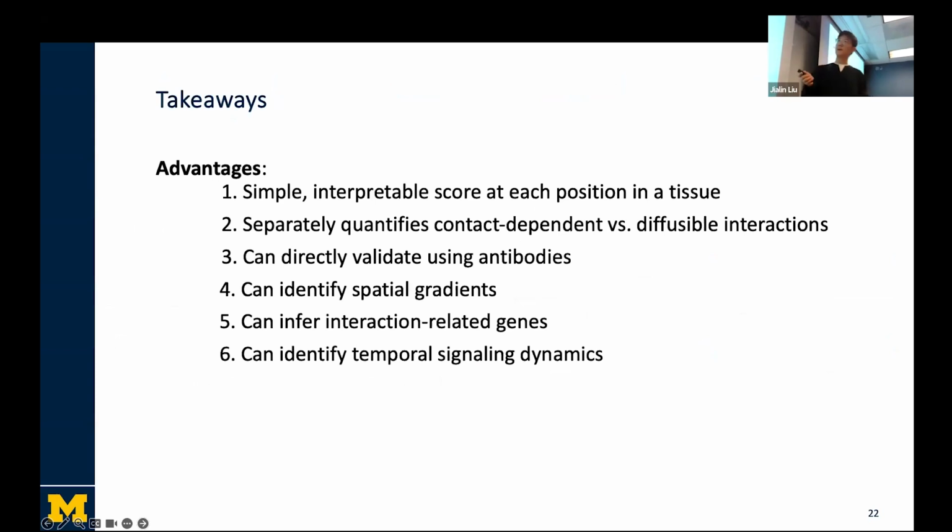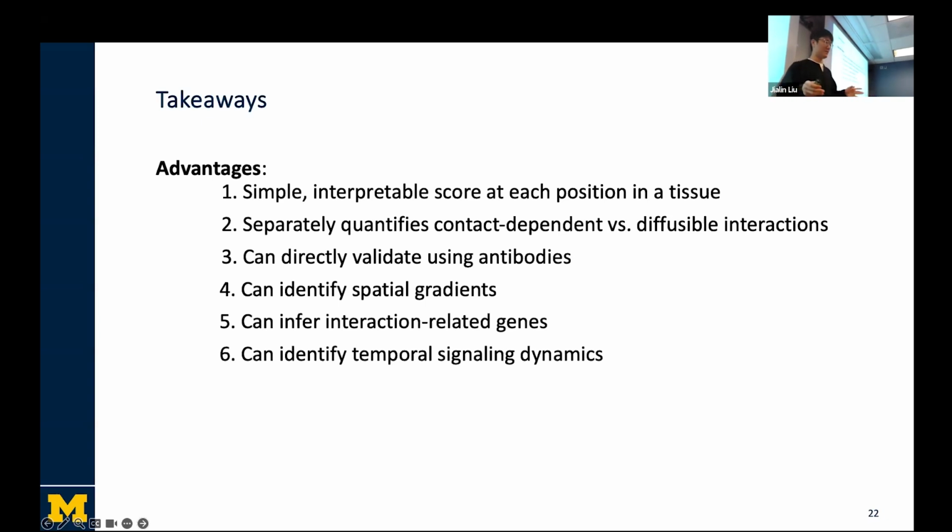So the takeaways of my presentation are that we have 6 advantages. We always hope people remember our advantages. These are the analyses you can do using CytoSignal. We have a simple interpretable score at each position in tissue, and it separately quantifies contact-dependent versus diffusion-dependent interactions.